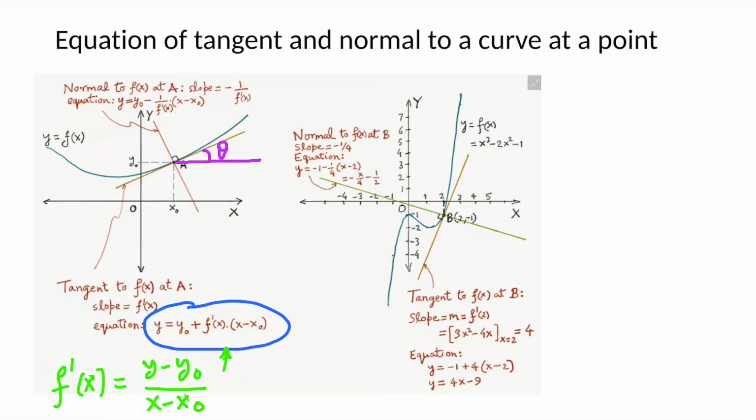Now when we are looking at the normal line here, that would make a different angle, theta plus 90 degrees, because it is perpendicular to the tangent, and therefore what would be the slope of the normal? Well, that would be tan of theta plus 90 degrees.